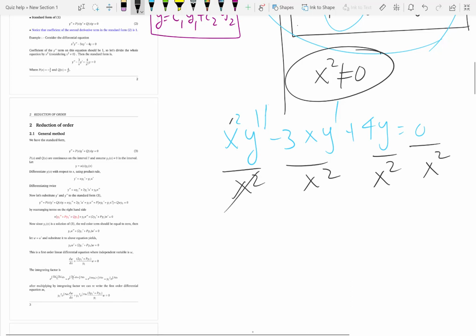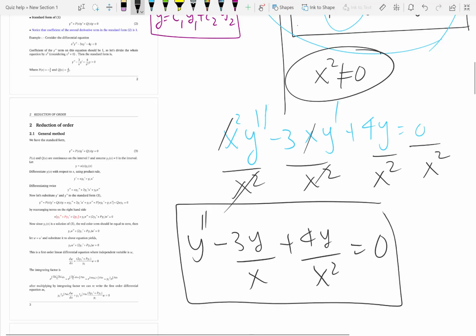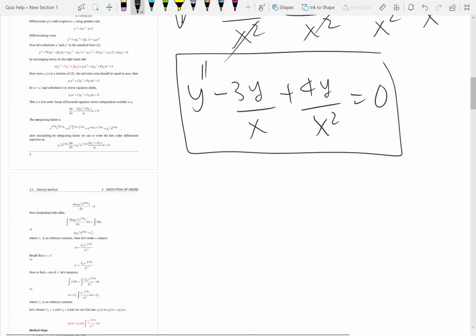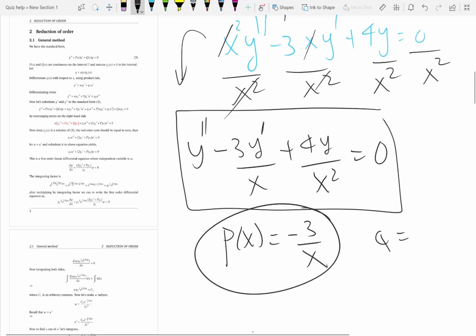So x squared cancels out here, and we get y double prime minus 3y prime over x plus 4y over x squared equals 0. This is the standard form of this differential equation. And what is p? P is the coefficient of y prime for second order differential equations, which is negative 3 over x. Q is 4 over x squared.